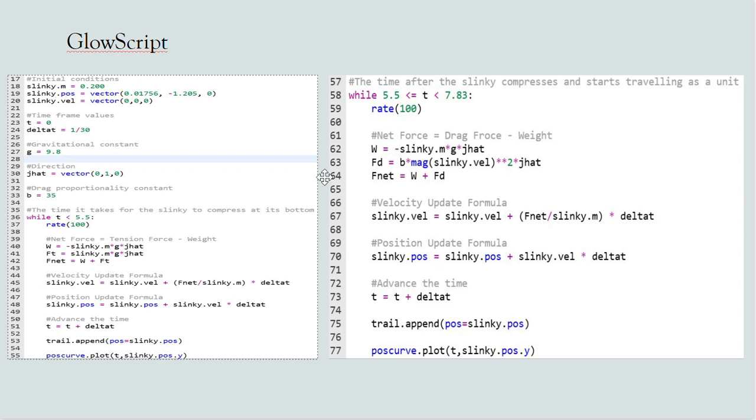But then in the second part, while t is greater than or equal to 5.5 but less than 7.83, since the Slinky is traveling as a unit, we now know that there's no tension force but rather drag force that counteracts the weight. So now the net force will be the weight plus the drag force. And then the same position update and velocity update formulas.